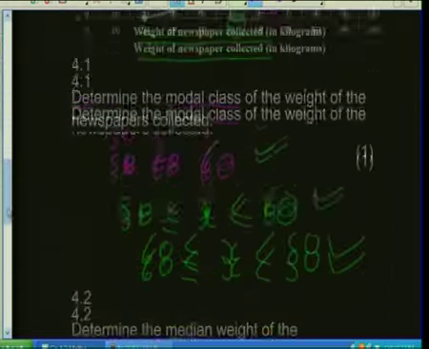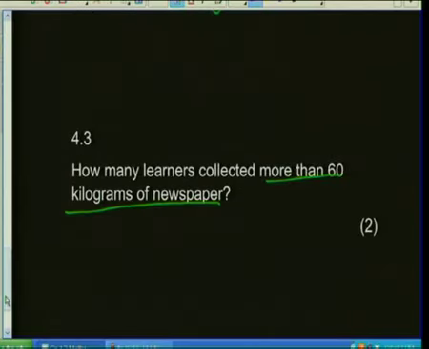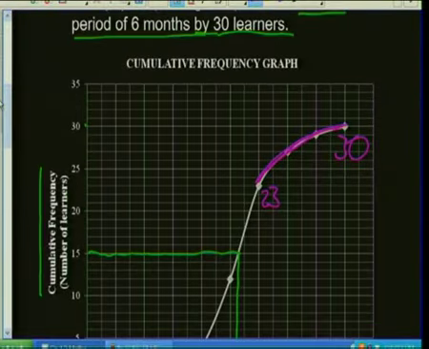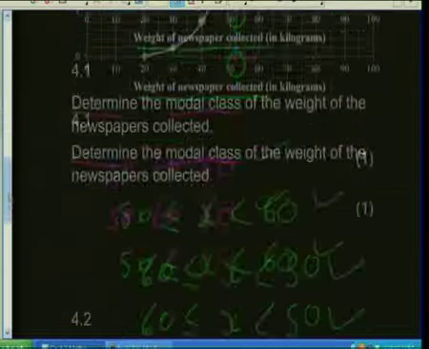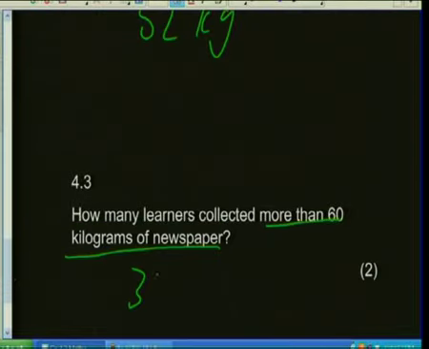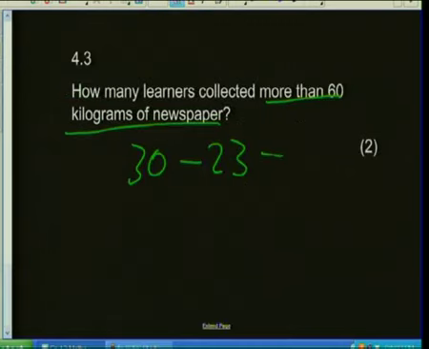So the learners who collected more than 60 kilograms should be 30 minus 23, which gives 7 learners. Okay, guys, I hope this makes sense.